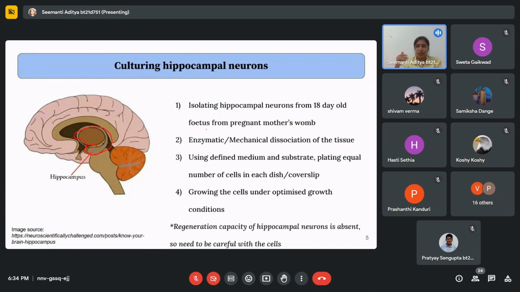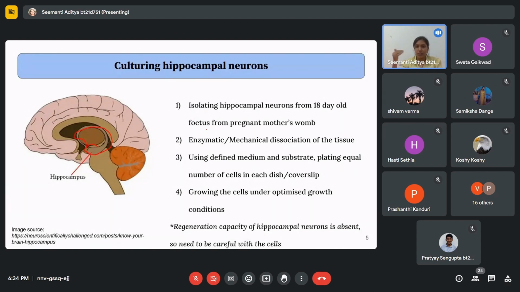But if we isolate it from a fetus, the hippocampus is still in a condition where it can be cultured in vitro, and it can still divide and attach. For that reason, we have to isolate it from the fetus.